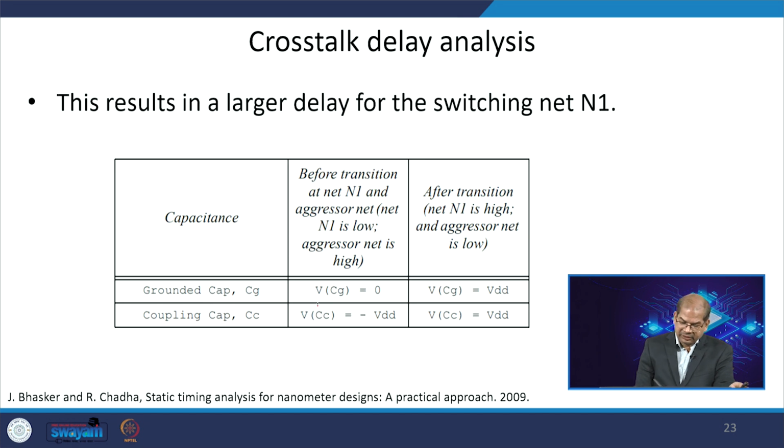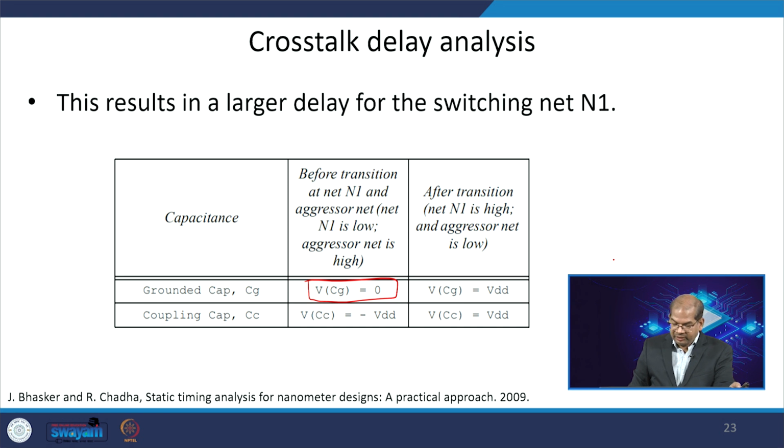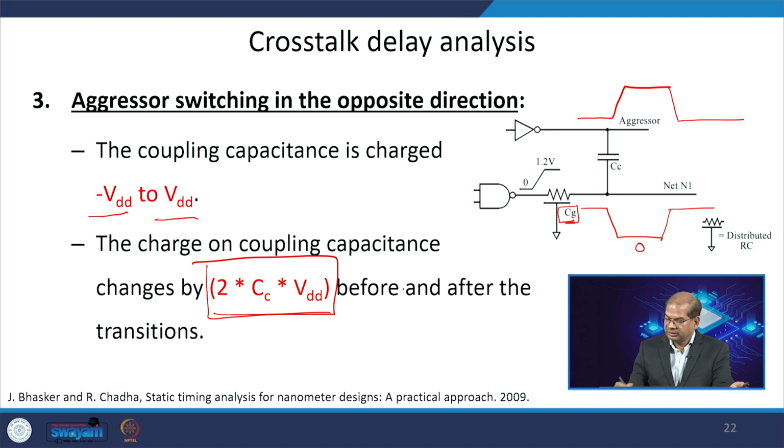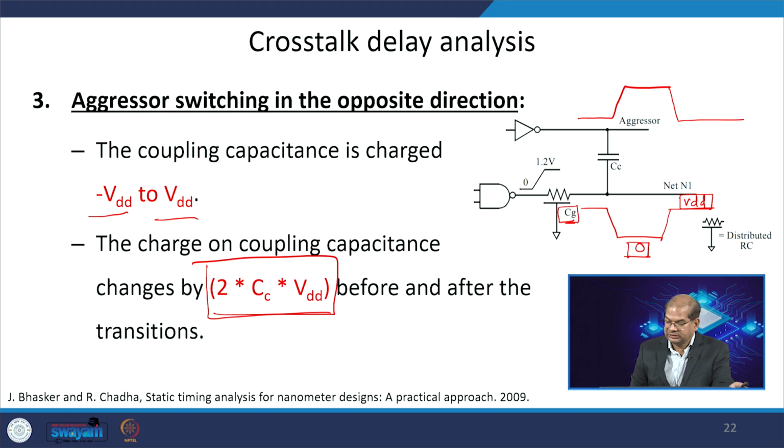The Cg is initially 0. After the transition the Cg will be VDD. Now, what will happen to my Cc? I need to check the Cc condition.